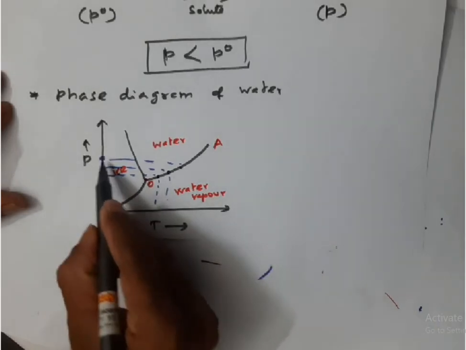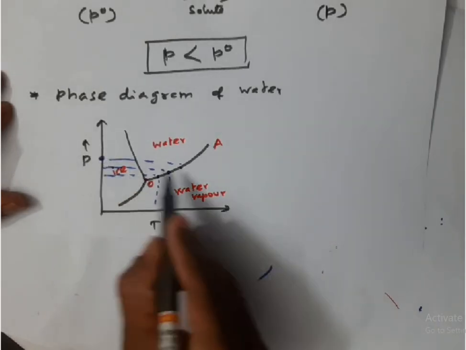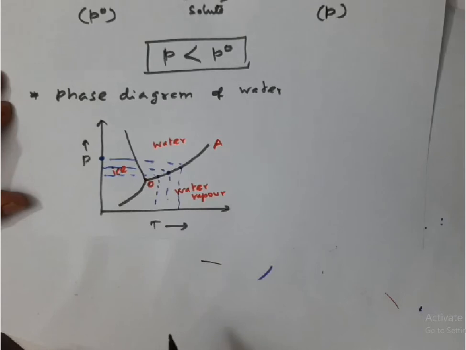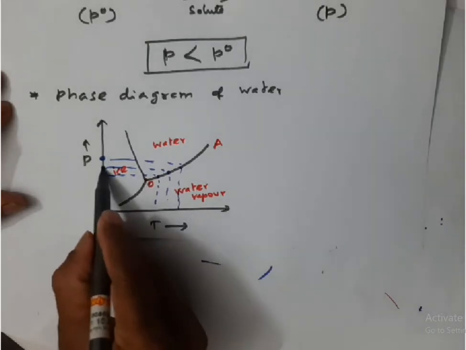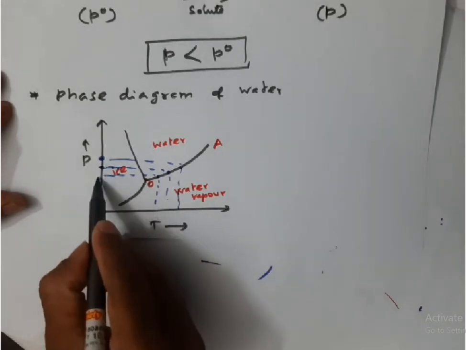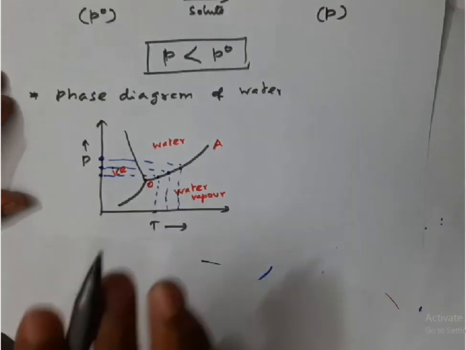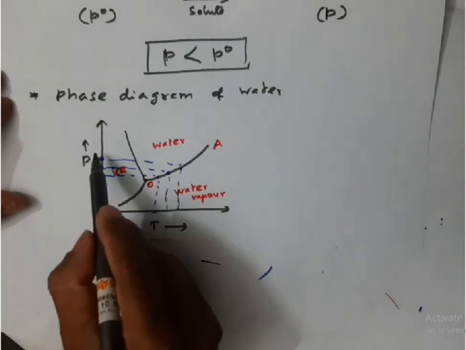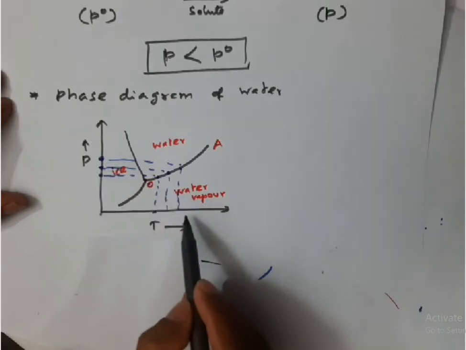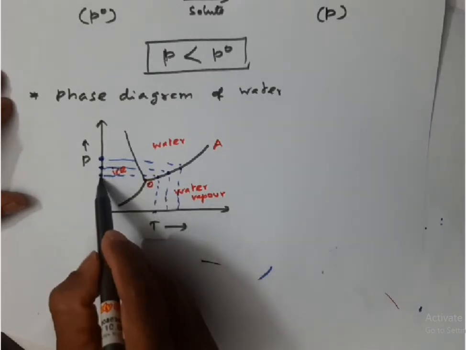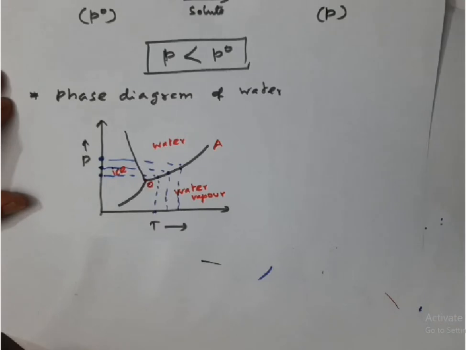If external pressure is high, boiling point is also high. If external pressure is low, boiling point is also low.